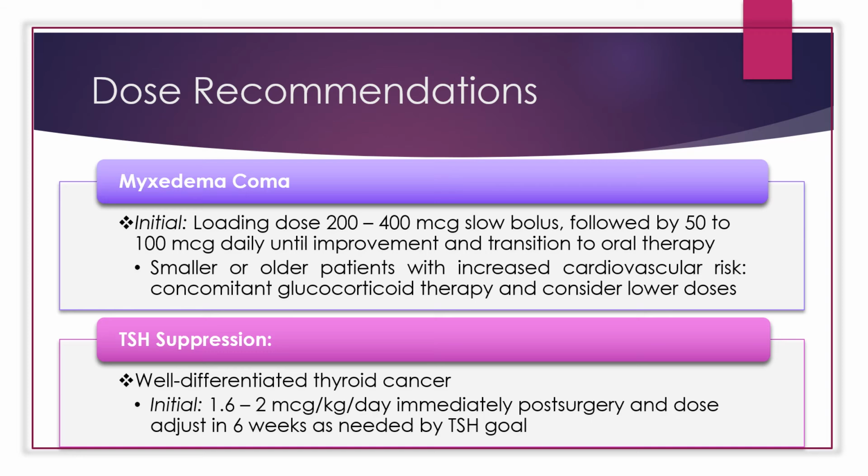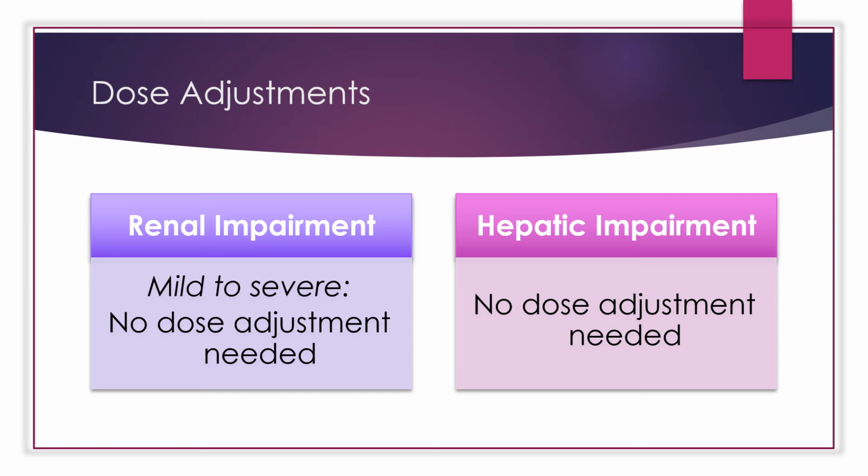The dosage is highly individualized as the degree of TSH suppression is initially based on the risk of disease recurrence, using a staging system such as the American Thyroid Association ATA risk of recurrence stratification system. Long-term TSH suppression goals should account for response to therapy, risk of recurrent disease, age, and comorbid conditions. No dose adjustments are needed for renal or hepatic impairment, no matter the severity.